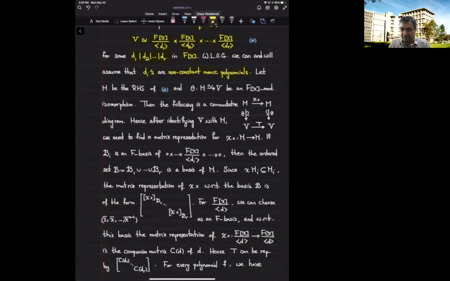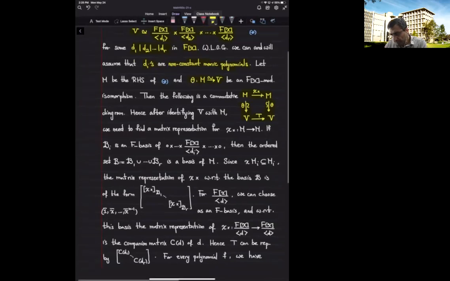Now, the right hand side we call M. Now we have this isomorphism, and this isomorphism sends the multiplication by x to application by T. So this means that applying T is the same as multiplication by x when I change the copy of V to M using theta.